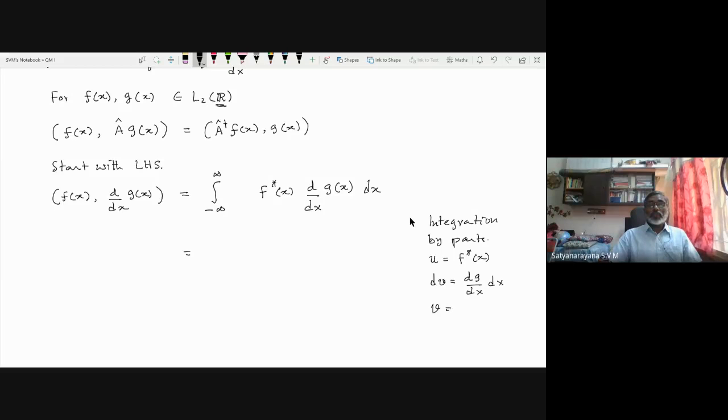So what will be your v? v is equal to g of x. And what is your du? df star of x by dx. So I will get the first uv term, f star of x into g of x from minus infinity to plus infinity, this is the boundary term, minus the integral from minus infinity to infinity of df star by dx g of x.